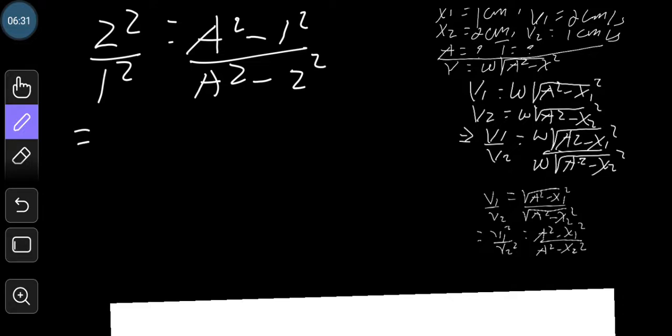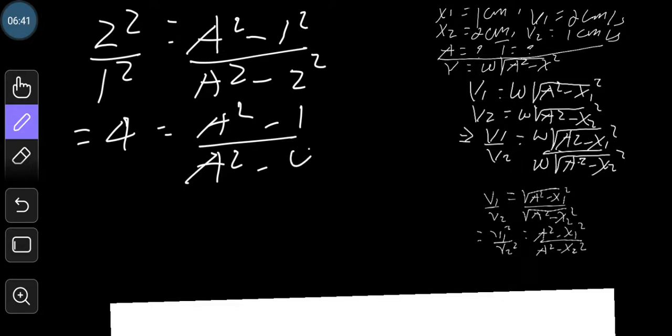Then this implies that 4 is equal to amplitude square minus 1 over amplitude square minus 4.